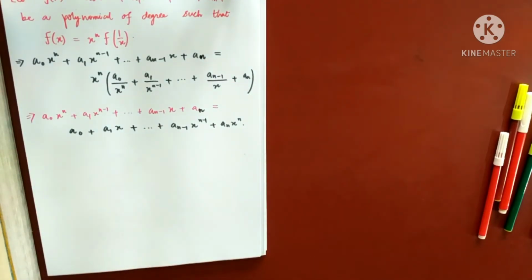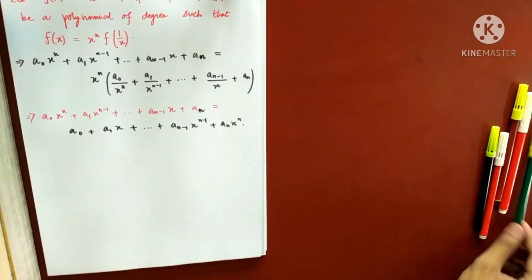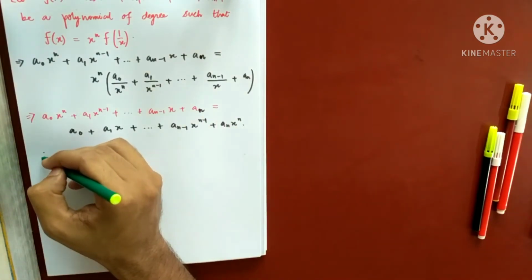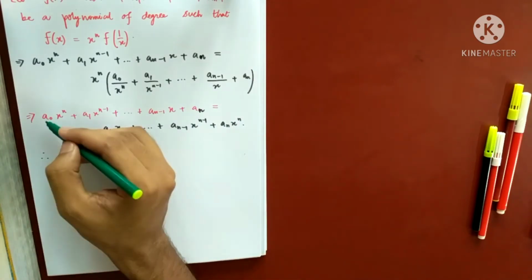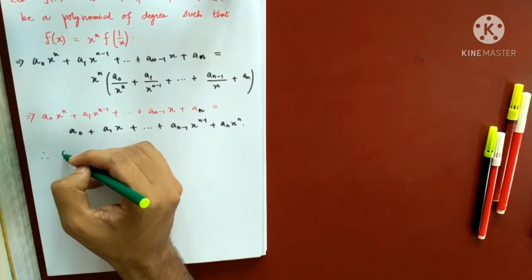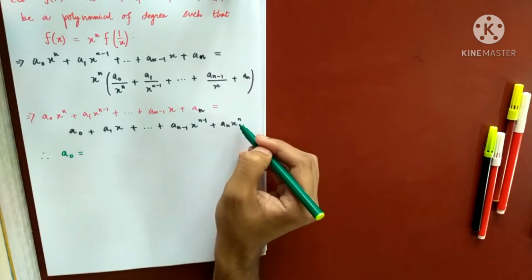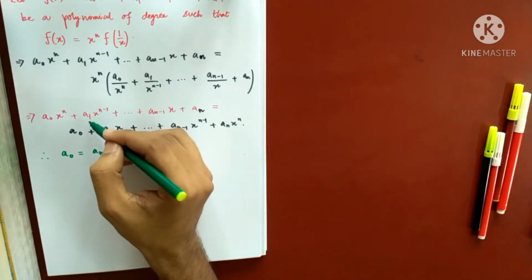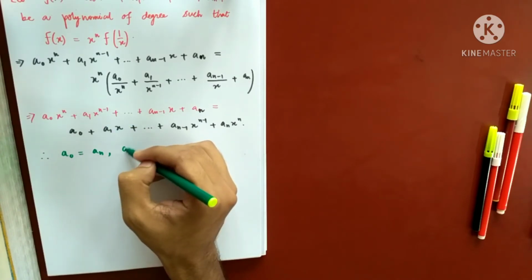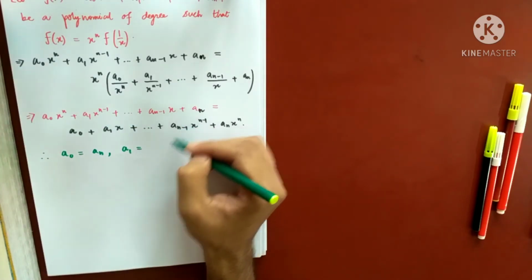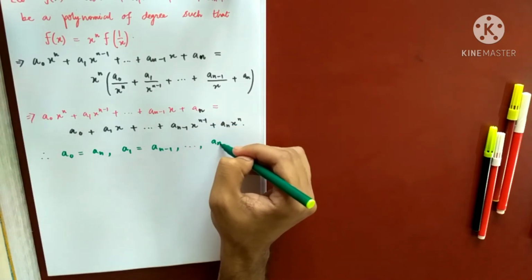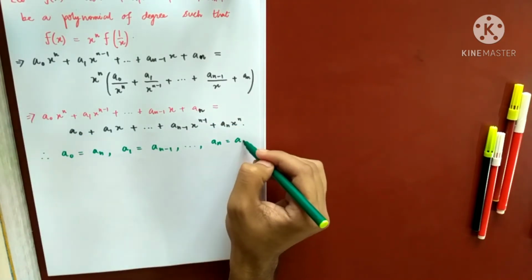Now these two polynomials are equal, so comparing their coefficients, these two are exactly the same. So comparing their coefficients, the coefficient of x to the power n here must be the same as the coefficient of x to the power n here, which is this. The coefficient of x to the power n minus 1 is a1 and here it is an minus 1, dot dot, the last term is the same as the first term.